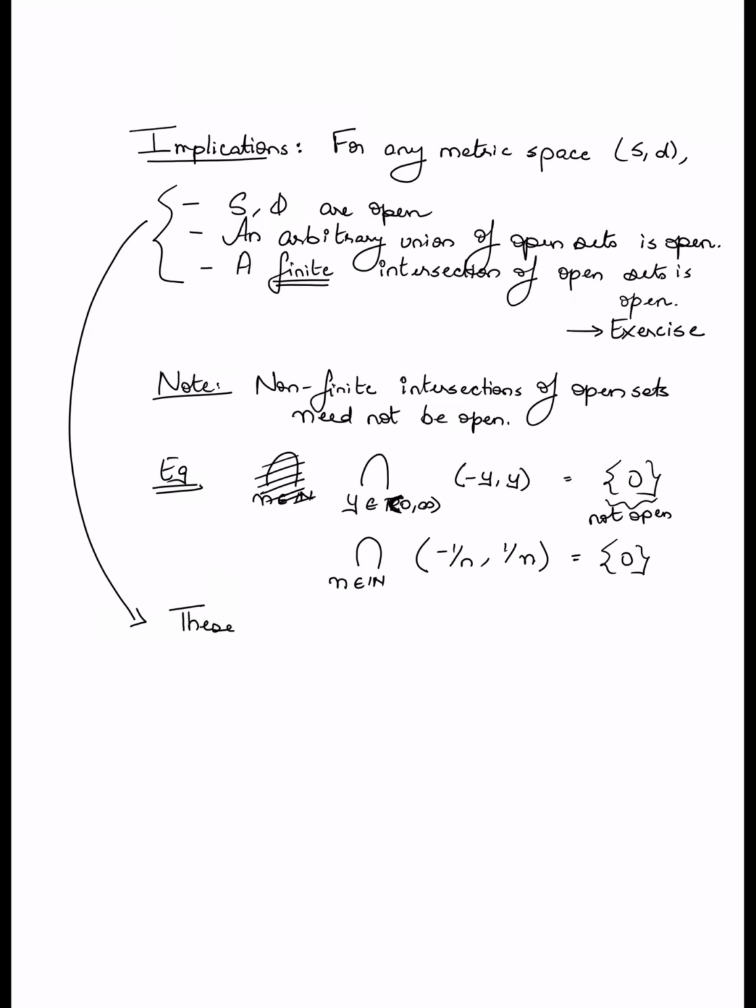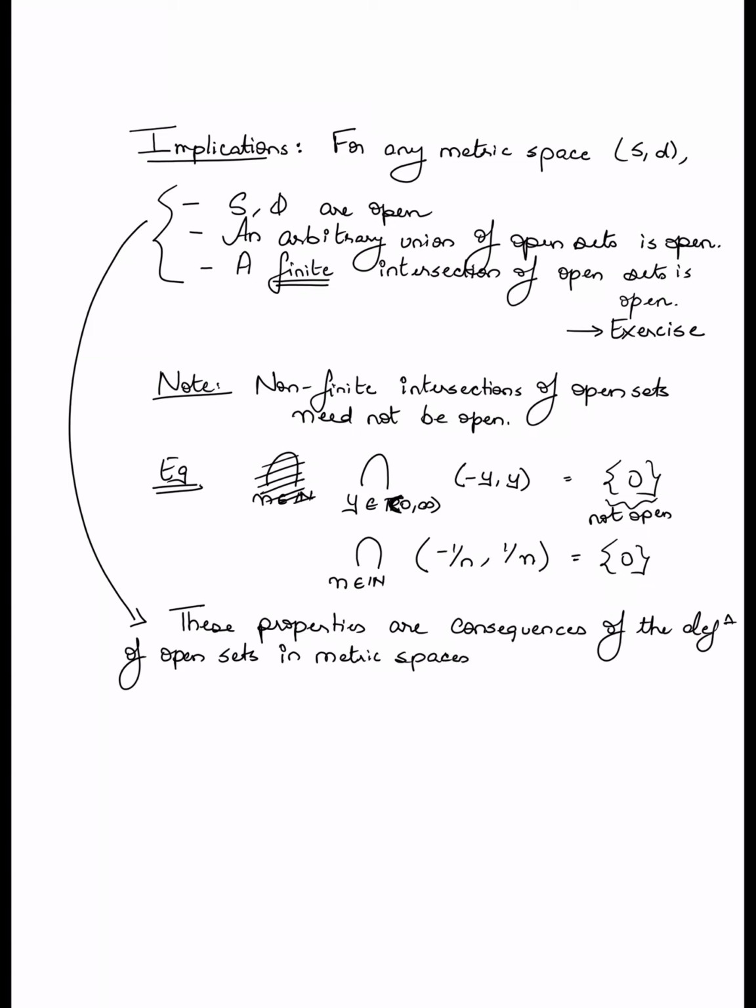These properties are consequences of the definition of open sets in metric spaces. Recall that we have used the distance function, or the metric, to define open sets.